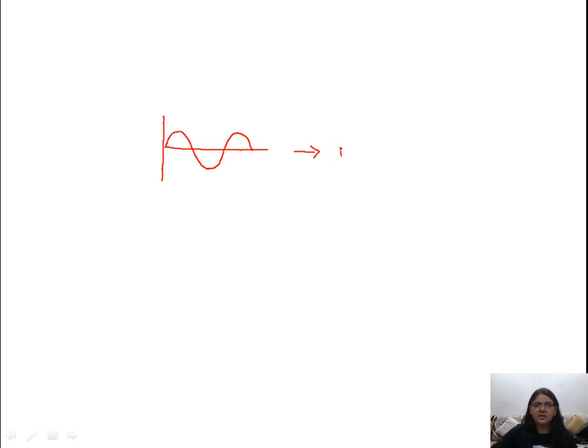This modulating signal means the information signal. The modulating signal is a low frequency signal, as we discussed in the last lecture.